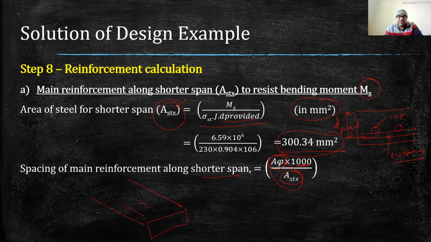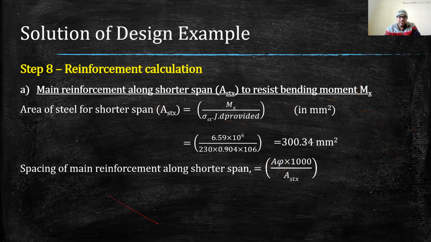So if we provide reinforcement, say this is the slab. If we provide reinforcement along the span, we generally don't count the number. We generally find out what is the spacing between the reinforcement.